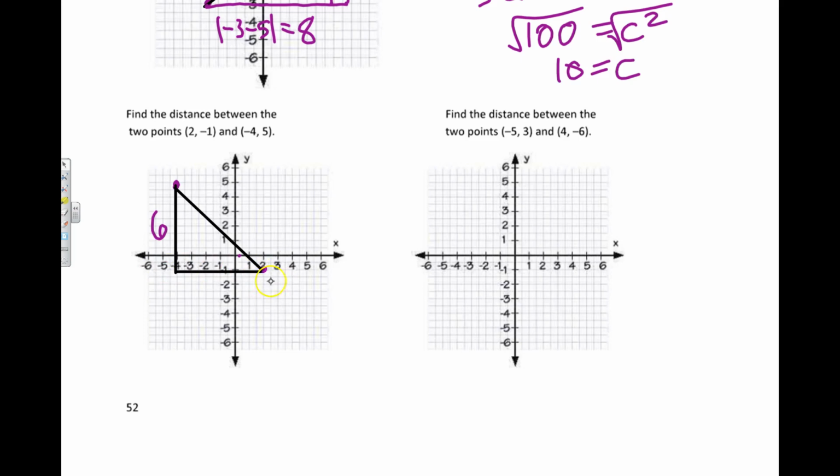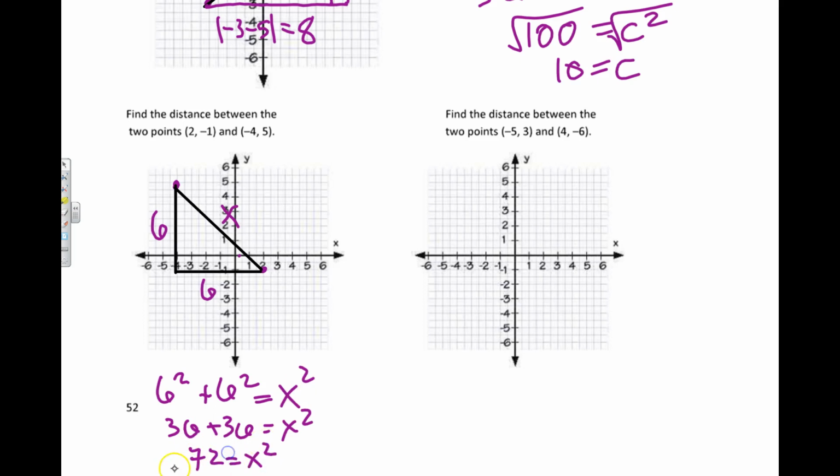And then my base here goes between -4 and 2, so he also ends up being a length of 6. So if I want to find this distance, I'm going to call him x. I would do 6 squared plus 6 squared equals x squared, or 36 plus 36 equals x squared, which is 72 equals x squared. And now I need to take the radical of both sides.